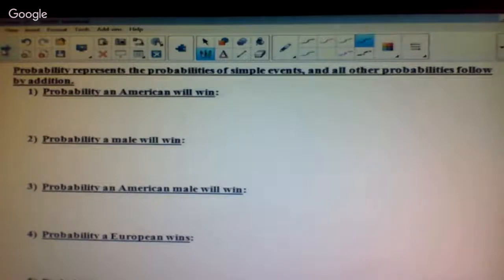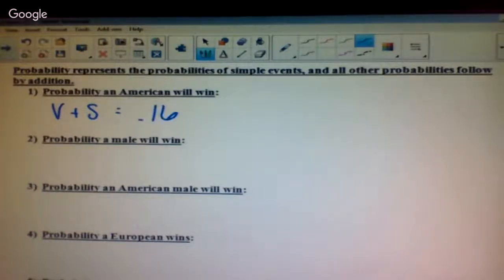Probability represents the probability of simple events, and all other probabilities follow by addition. So I can find the probability that an American will win. The first thing I need to do is identify who's American. Venus and Serena. So I need to find the probabilities of Venus and Serena. What was the probability of Venus? 0.16.